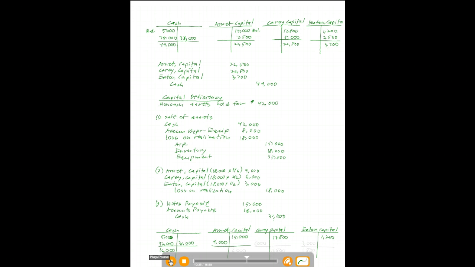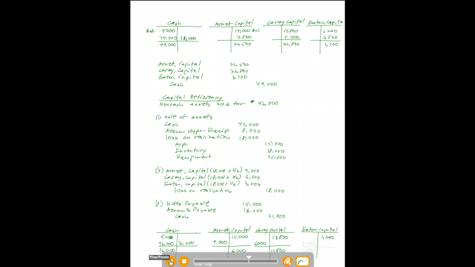So that gives Arnett an ending balance of $6,000. Carrie's beginning capital was $17,800. We debited it for $6,000. So that gives Carrie a credit balance of $11,800.